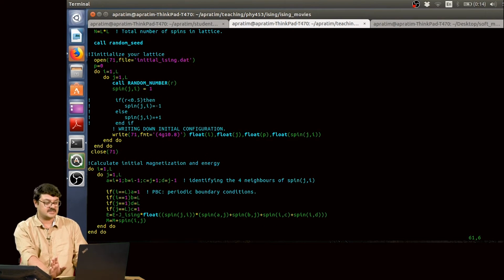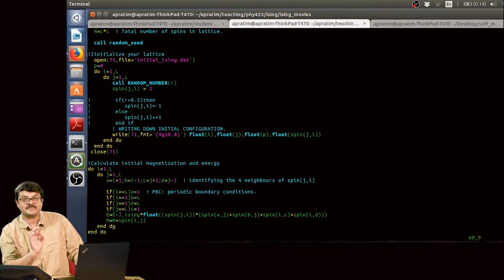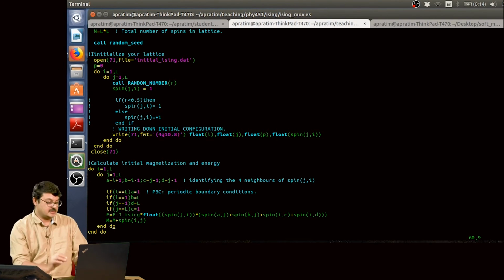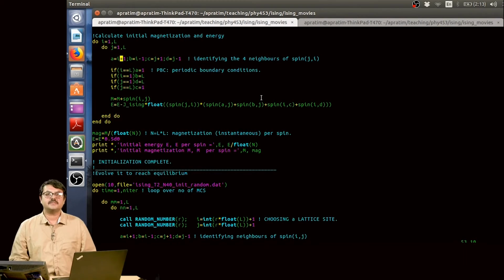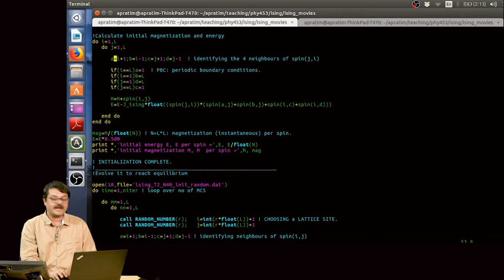So, this is your initialization of the lattice. Now, you calculate the initial magnetization, or the total number of spins of the system, and the energy of the system. So, to calculate the total energy and magnetization of the initial lattice, we again do I equal to 1 to L, do j equal to 1 to L, which means you are scanning over each lattice site and the spin at each site, and here we are identifying the neighbors.